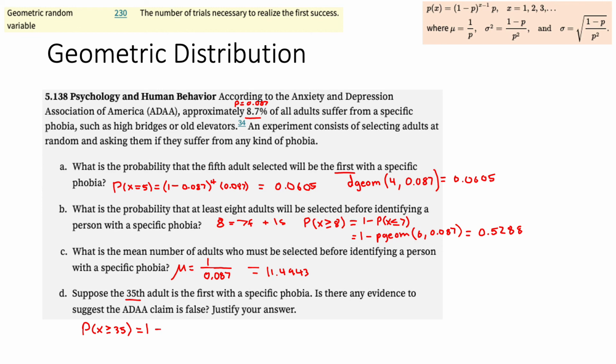When we write this, it's one minus the probability that x is less than or equal to 34, so this is a framework where you can easily put it into R. But we remember that we're dealing with the total number of failures, so we have to reduce this by 1.